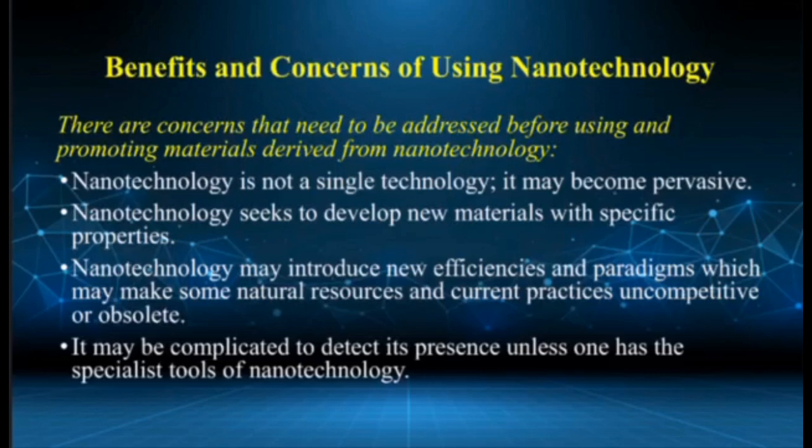flexibility. This could make current manufacturing practices and materials obsolete, as nanomaterials can provide superior performance and cost effectiveness. In the agriculture sector, nanotechnology can be used to develop new pesticides and fertilizers that are more efficient and environmentally friendly.